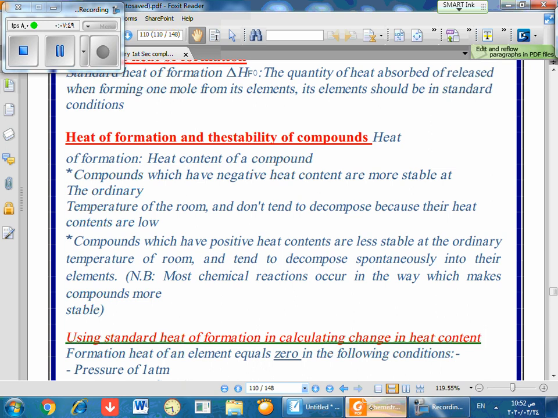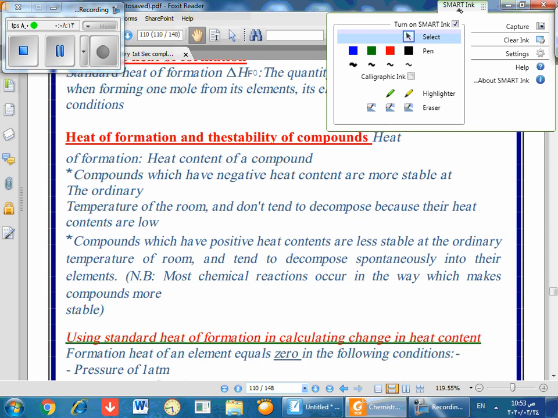For example, the compound which has negative heat content is more stable. This means the compound is producing heat. If the compound produces heat, it has a negative sign. Delta H formation is negative. So this compound is stable.